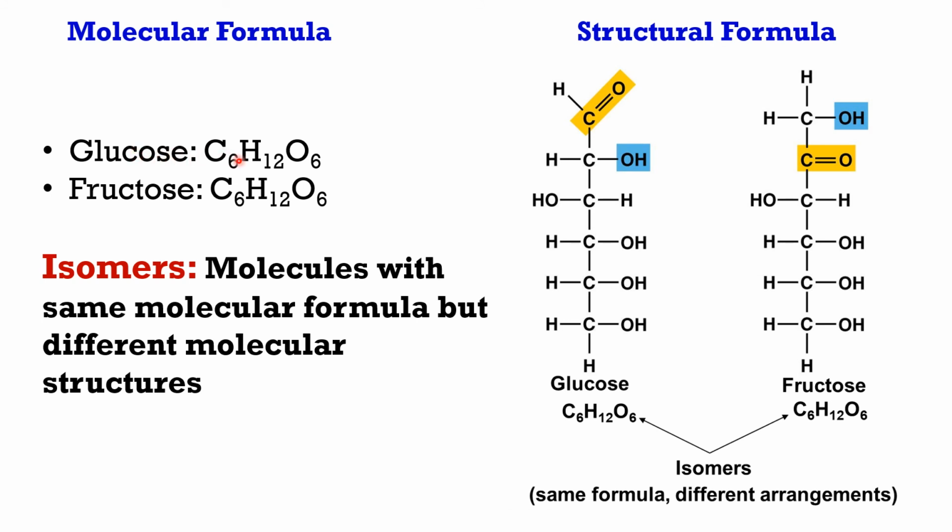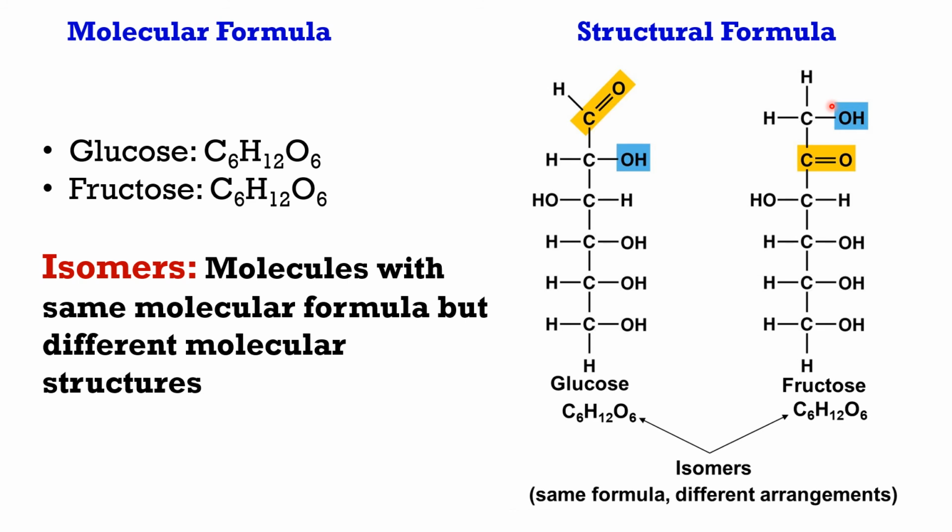These sugars have identical numbers of carbons, hydrogens, and oxygens. However, they are not arranged in space the same way. So you're going to notice that glucose is arranged like this, and we're specifically just looking at this carbon with a double bond with the oxygen and this OH group. And you can see that in fructose, it's arranged slightly differently.